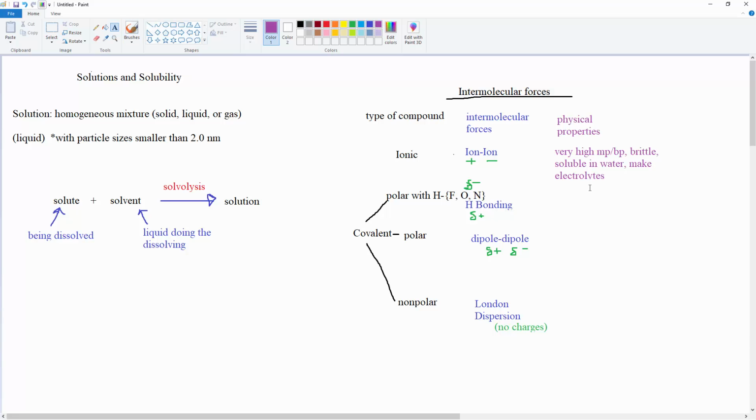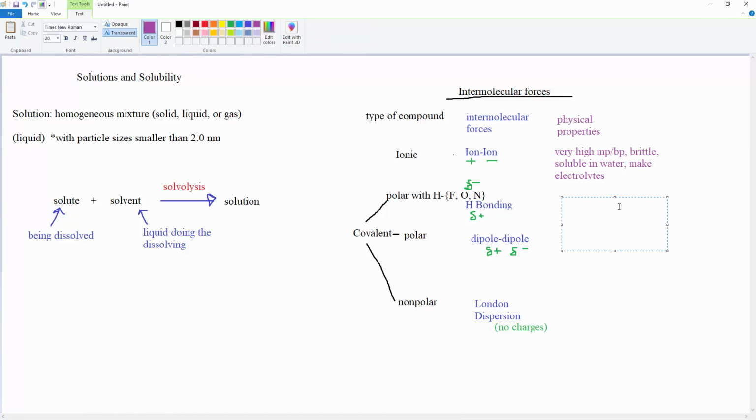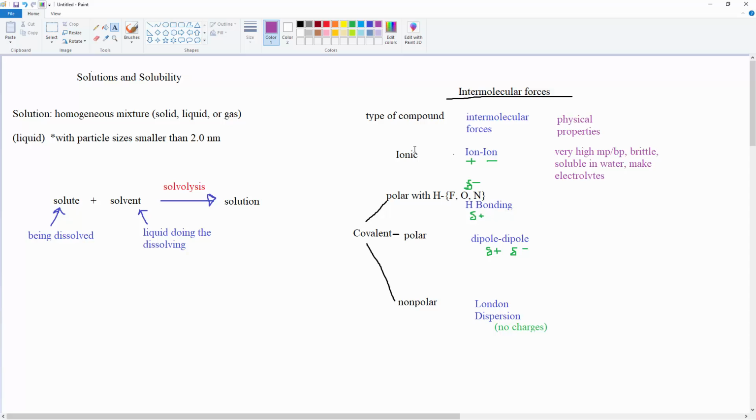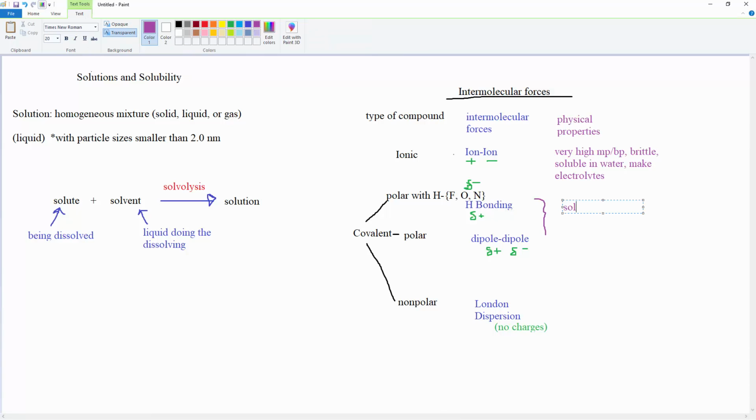And so as a result, we see the ionic compounds are soluble in water, and polar and hydrogen bonding compounds are all going to be soluble in water, just speaking to our solutions and solubility. But our London dispersion compounds would be insoluble in water. Or in particular, they would be more soluble in a non-polar solvent.